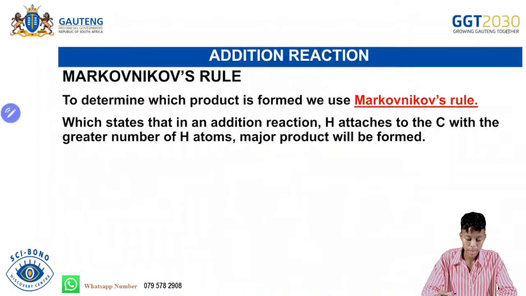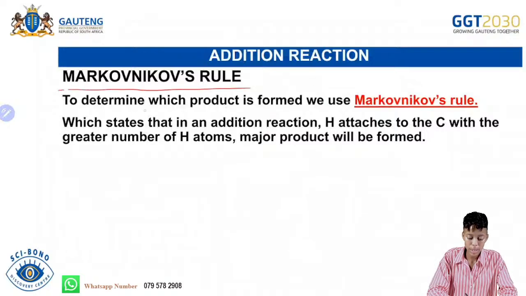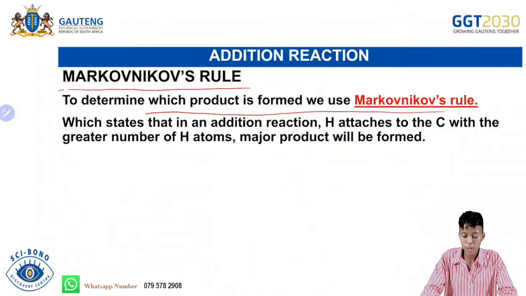So on the next one there, we have Markovnikov's rule. It says to determine which product is formed, we use Markovnikov's rule, which states that in an addition reaction, the hydrogen attaches to the carbon with the greater number of hydrogen atoms, therefore a major product will be formed. Okay?